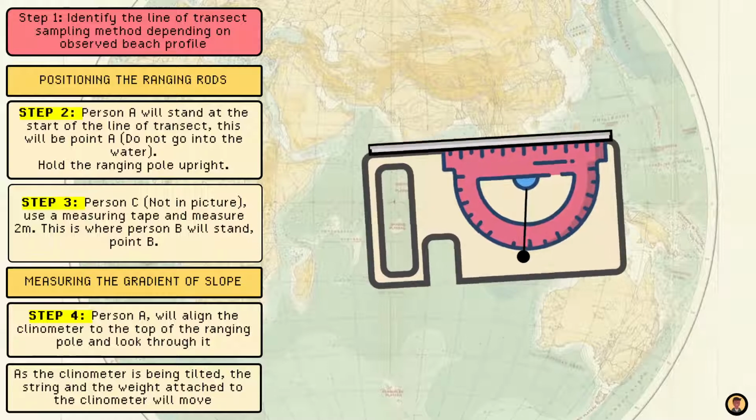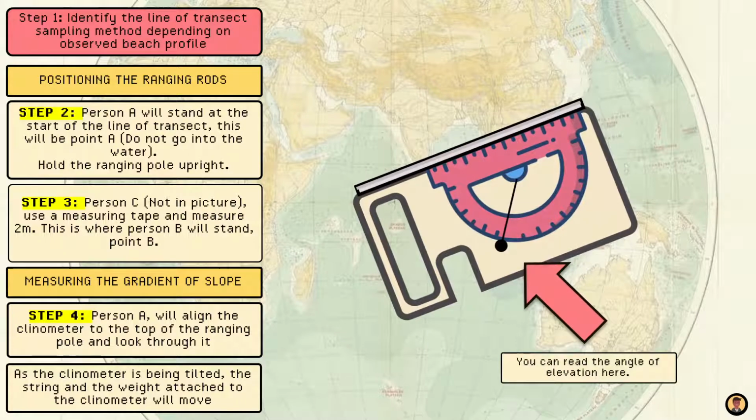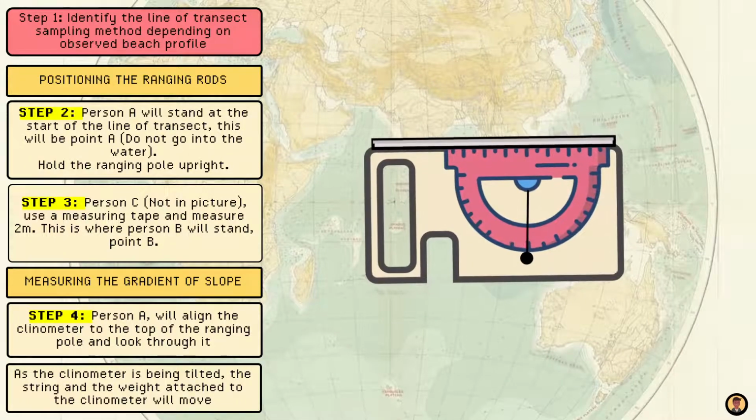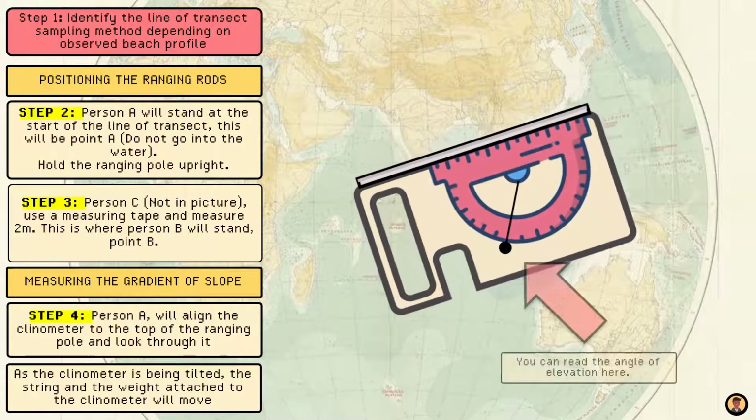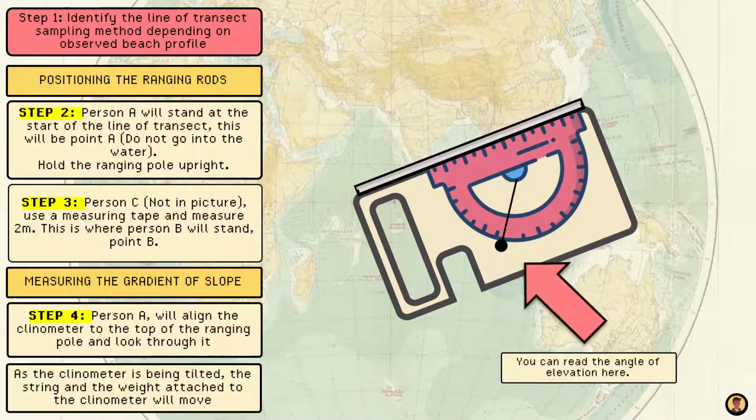So this is a demonstration. As you can see, I'm just going to rewind that again. As I tilt the clinometer up, we see the string and weight moving back. And then based on this, you can make the reading. This will basically be your angle of elevation or your gradient of the slope.